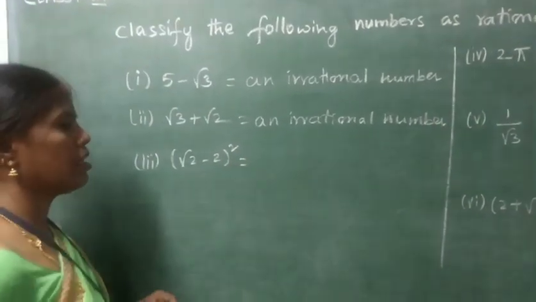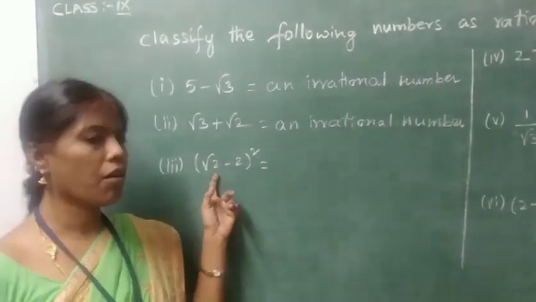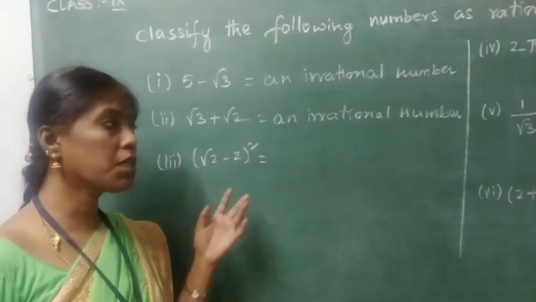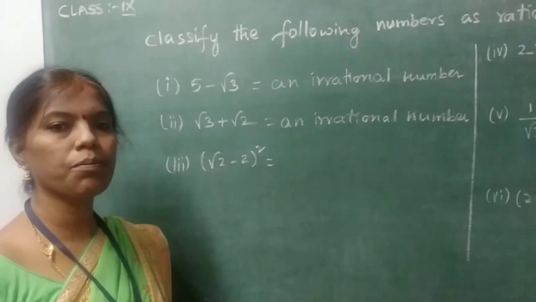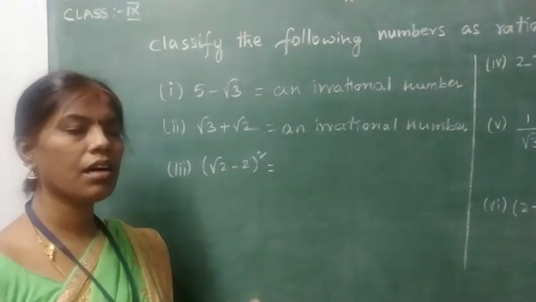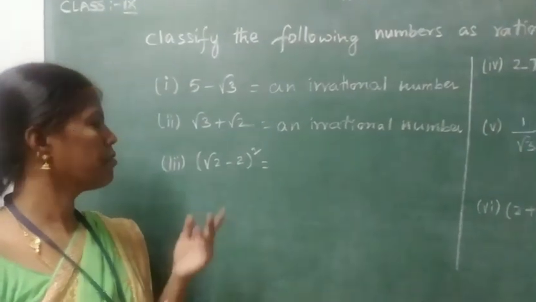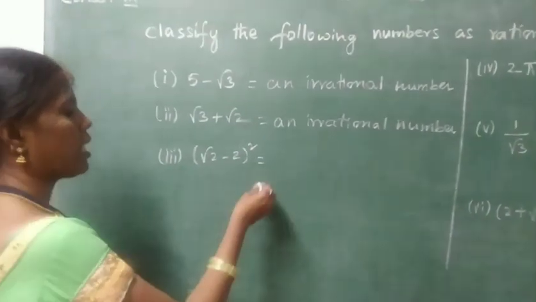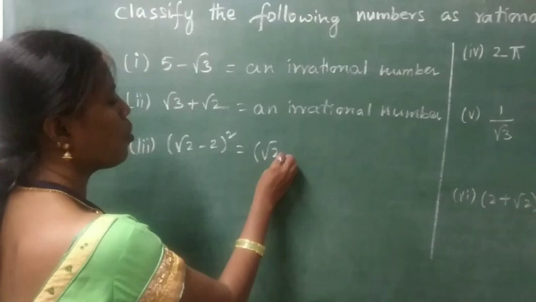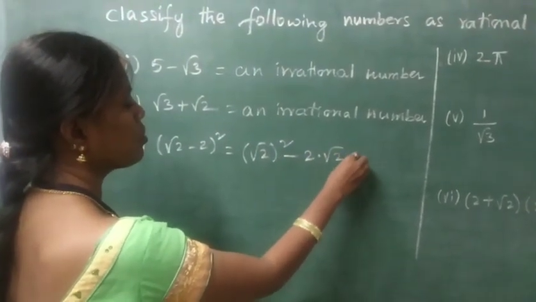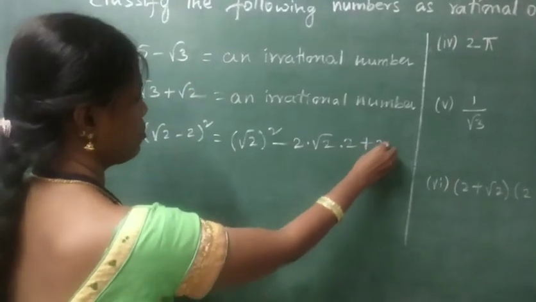Now, it is in the form of (a minus b) whole square. We have to simplify. What is (a minus b) whole square? a square minus 2ab plus b square. So here we can apply that. (Root 2) whole square minus 2 into root 2 into 2 plus 2 square.